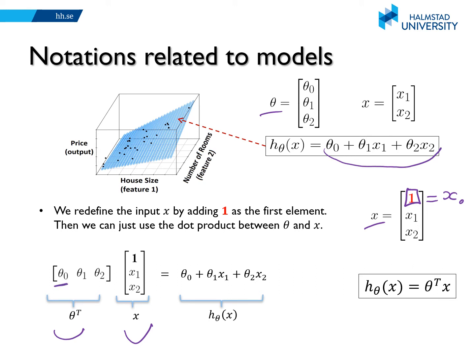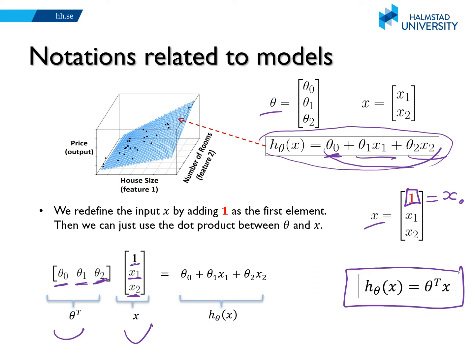So it's theta 0 times 1, this is theta 0, plus theta 1 x1 plus theta 2 x2. So instead of writing this equation, we can just write it in a more compact way, and we will use this notation a lot throughout the course.